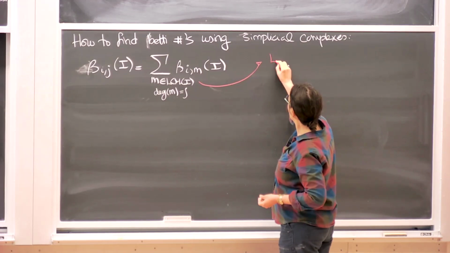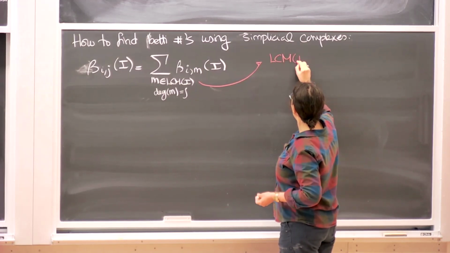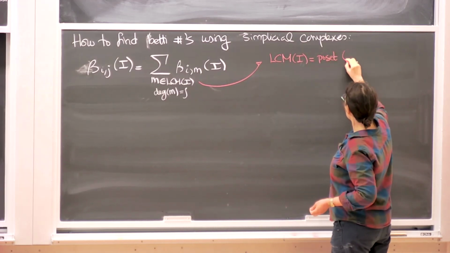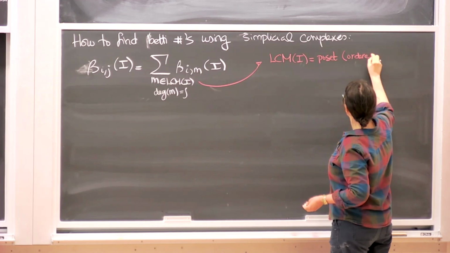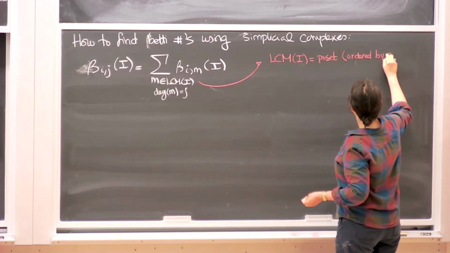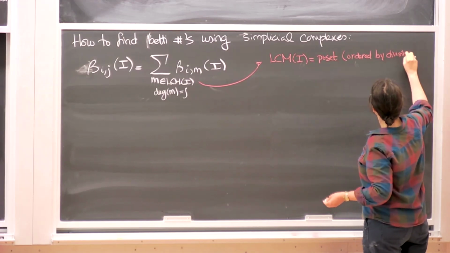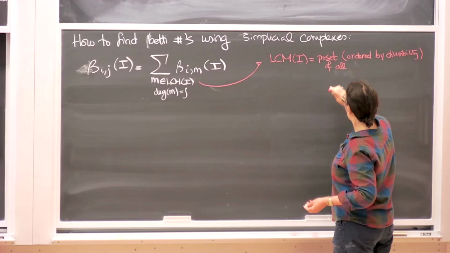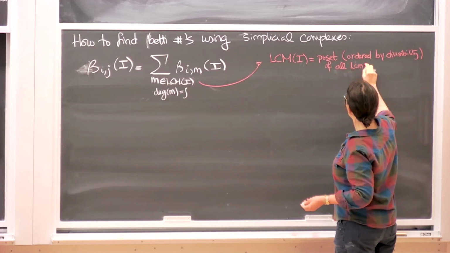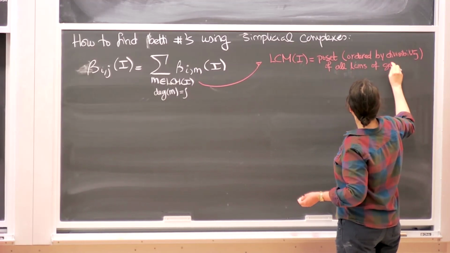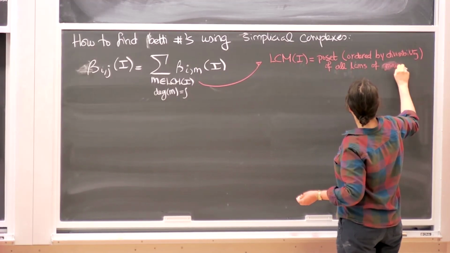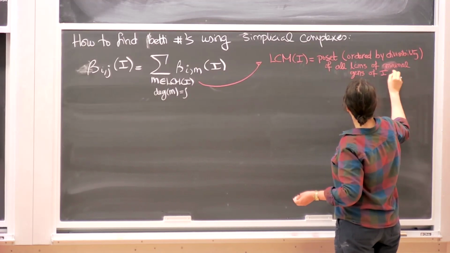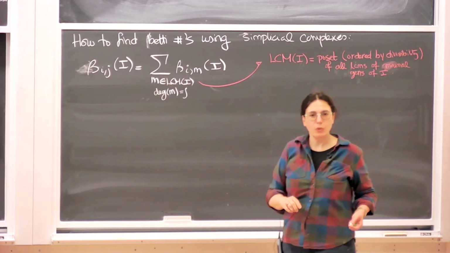So the LCM lattice of I is the poset, ordered by divisibility, of all LCMs of minimal generators of I. Okay, so this is a partially ordered set.